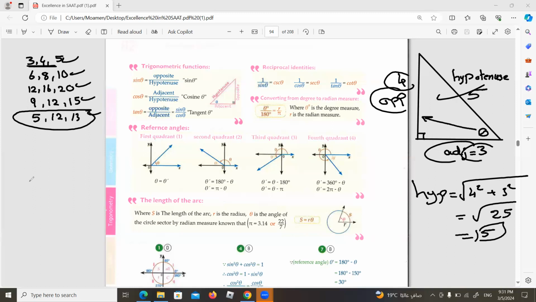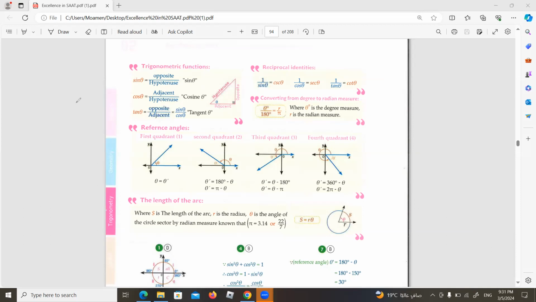Of course, 13 power 2 equals 12 power 2 plus 5 power 2, and 15 power 2 equals 12 power 2 plus 9 power 2, and 20 power 2 equals 16 power 2 plus 12 power 2, and so on. So if he gives me two sides in a right angle triangle, I can find the third side, either by using the Pythagorean theorem or by using the famous triangles.